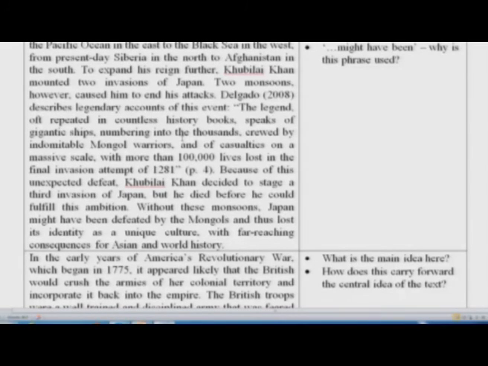This one is 13th century Asian context, and the weather phenomenon here is monsoon. This one, American context, North American context, 18th century, weather phenomenon here is actually fog.